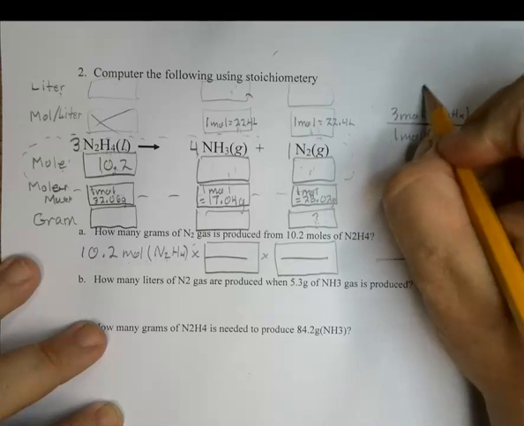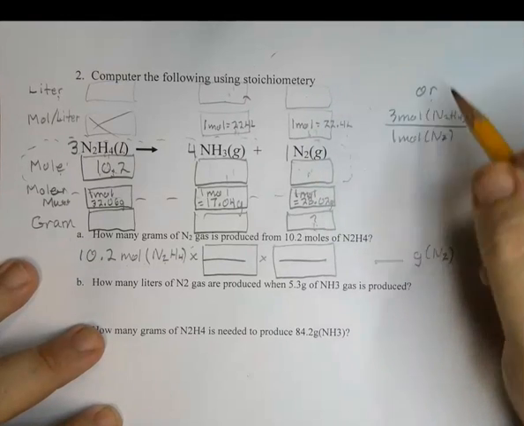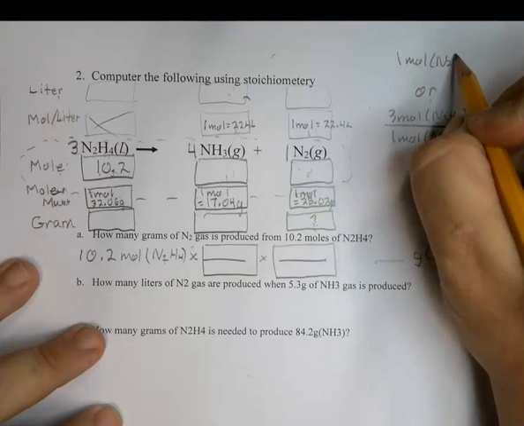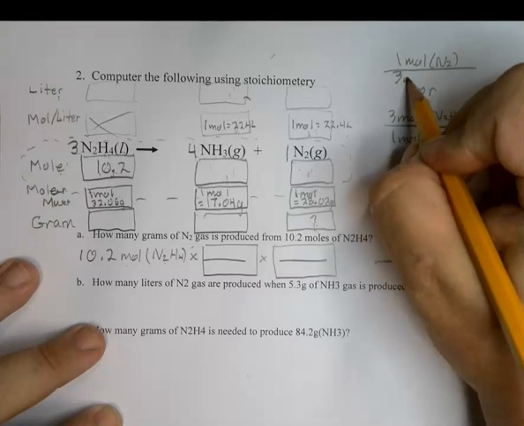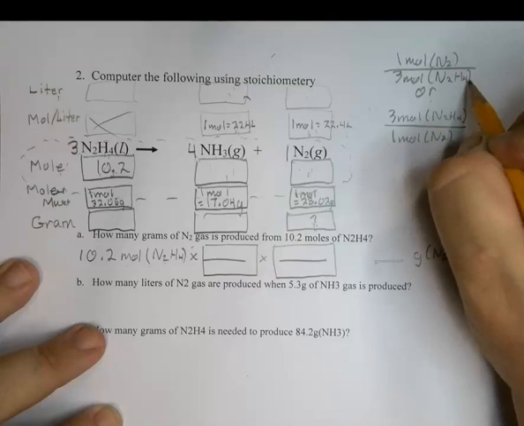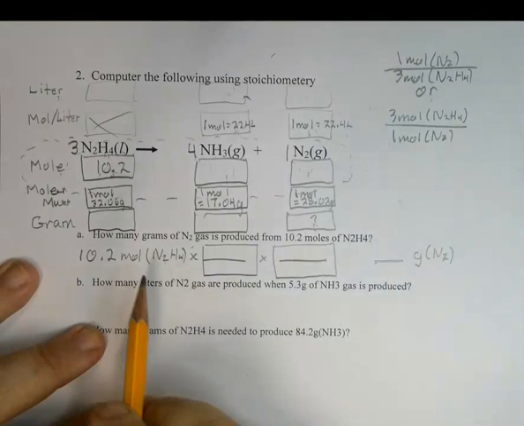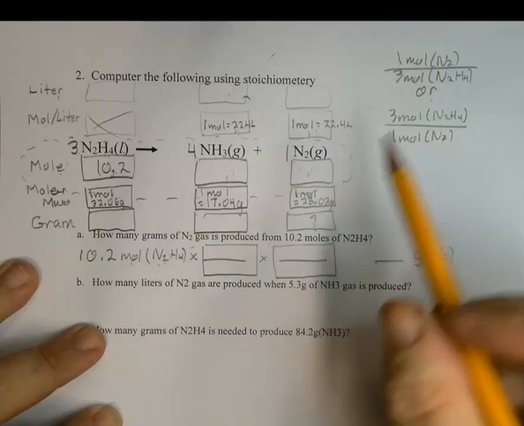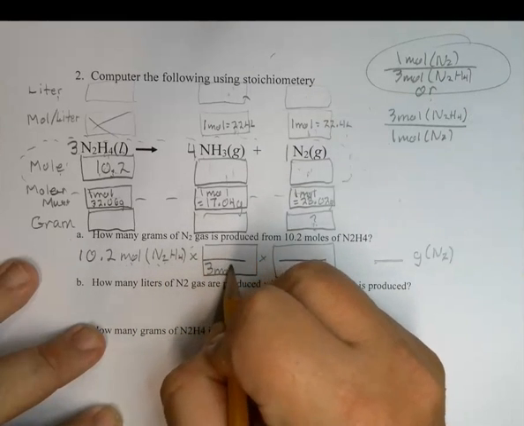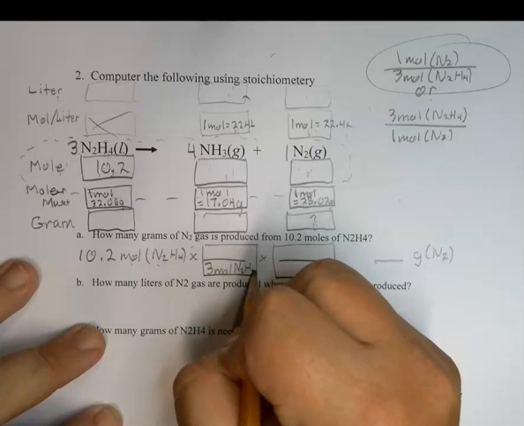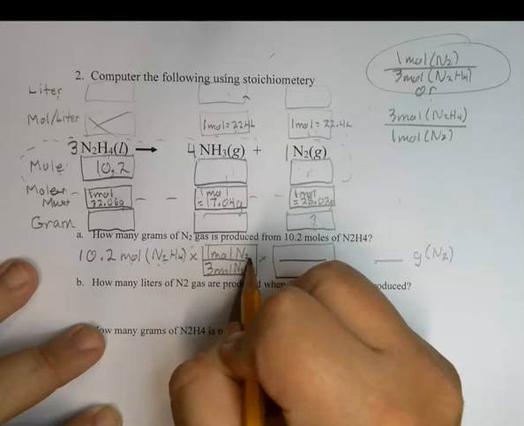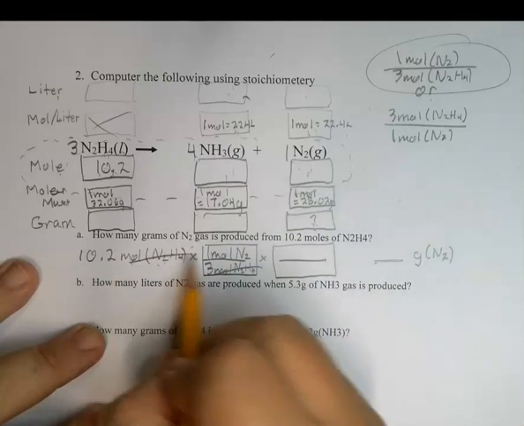Or, I'll write the or up above, or 1 mole of N2 over 3 moles of N2H4. Okay, so which one do you want to use? Well, we need moles of N2H4 on the bottom. That means we need this one. Okay, so I'm going to put 3 moles N2H4, and on top I have 1 mole of N2. Okay, I cancel moles of N2H4.